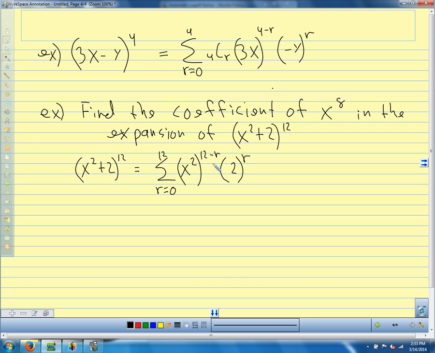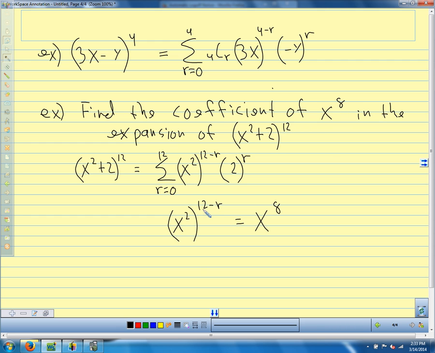So first off, we need to figure out what r is going to be when we have our term x to the 8th. Well, we know that (x squared) to the 12 minus r has to equal x to the 8th. This is going to give us our 8th power of x.